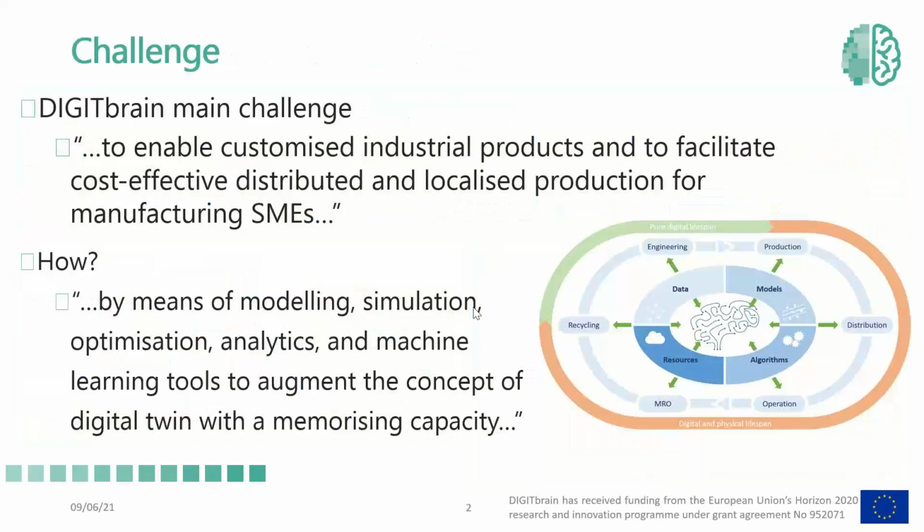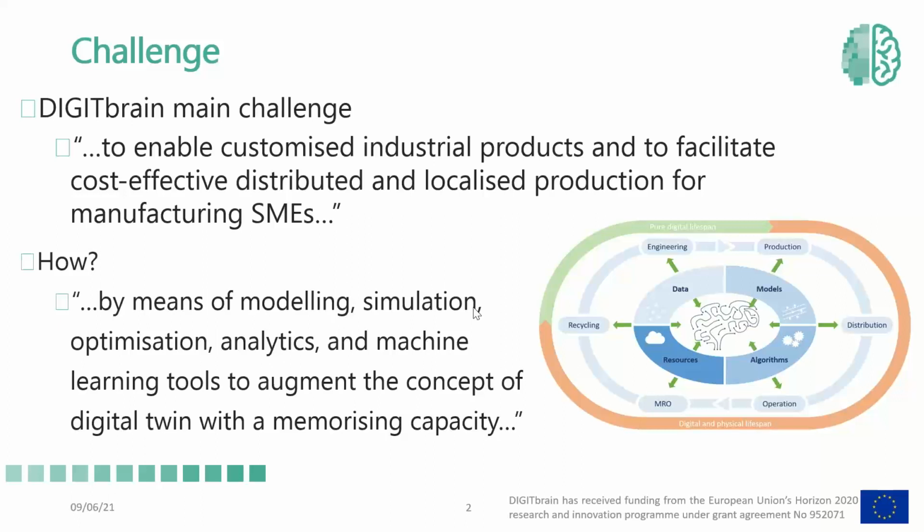Well, the main challenge that we want to tackle with DigitBrain is to facilitate customized industrial products and enable cost-effective, distributed, and localized production for manufacturing SMEs through technology. So we have different tools such as modeling, simulation, optimization, analytics, artificial intelligence.